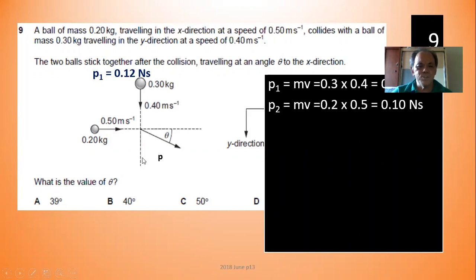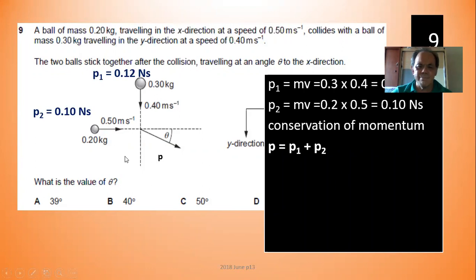And after that, P2, mass times the velocity. Then we are using conservation of momentum. And remember, it's a vector equation, so we can treat this as a vector. Normally we use forces there. So this is a resultant. These are the two components.